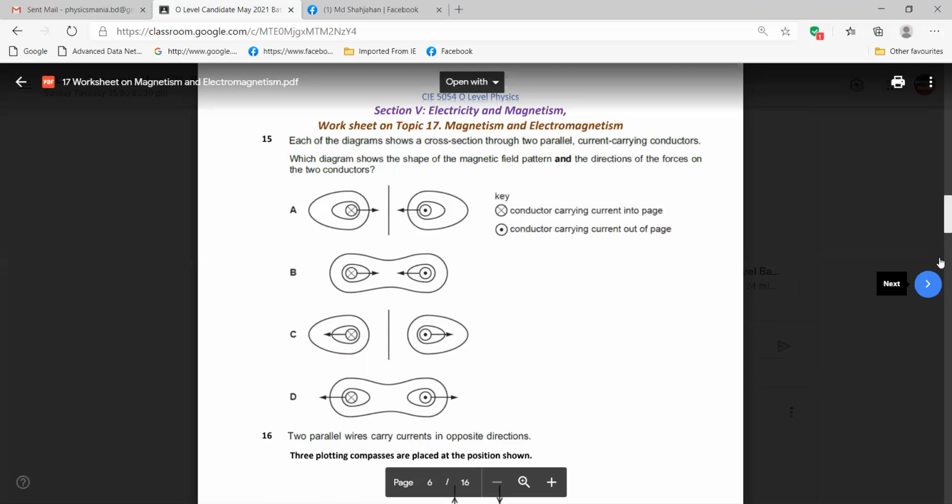Wait, what's the line? So what's that line in the middle? Is there like a border? Repulsion. This line is showing you repulsion. If that one is going inside, clockwise, and that is coming outwards, it's repelling.